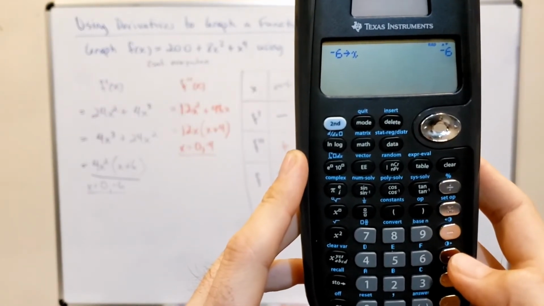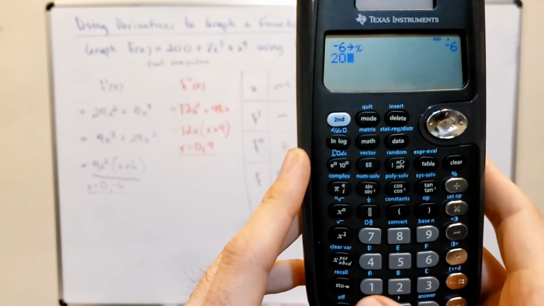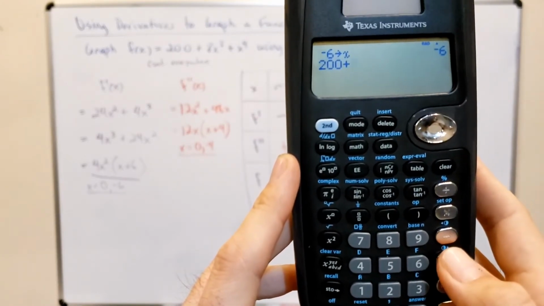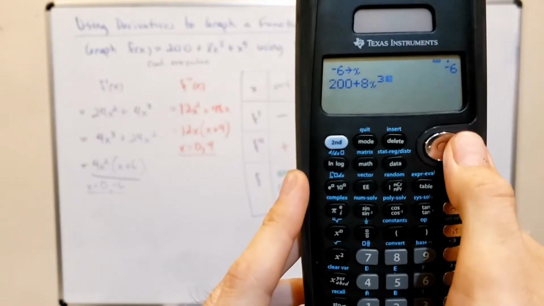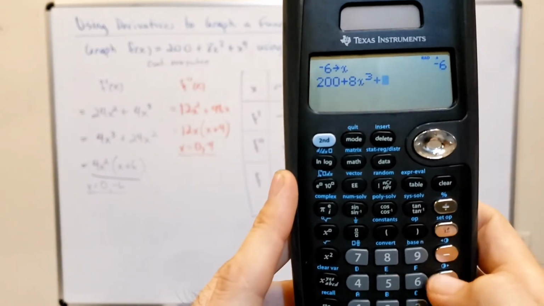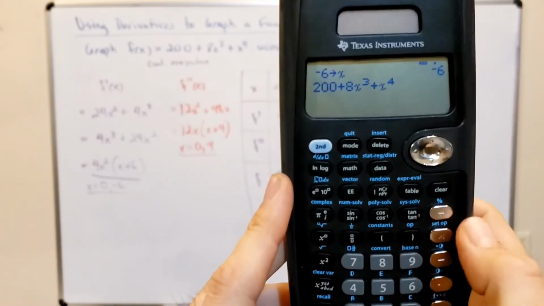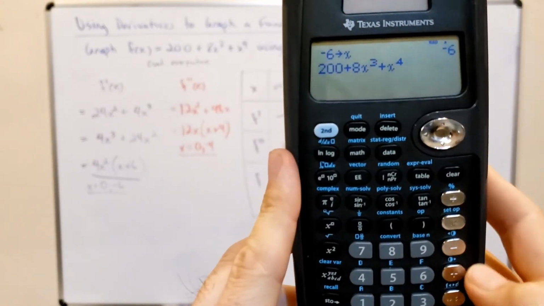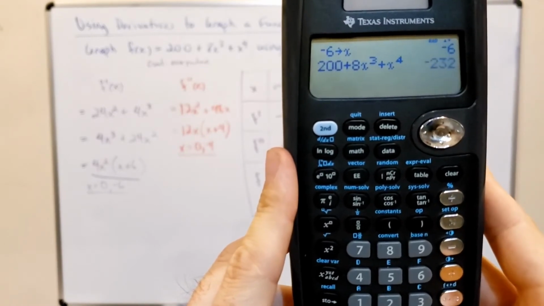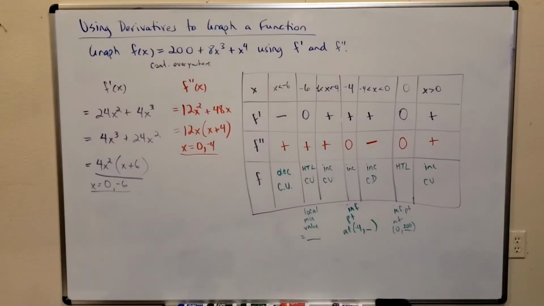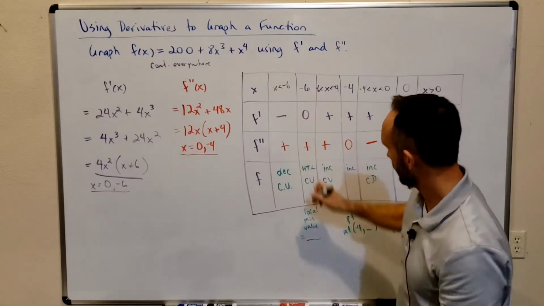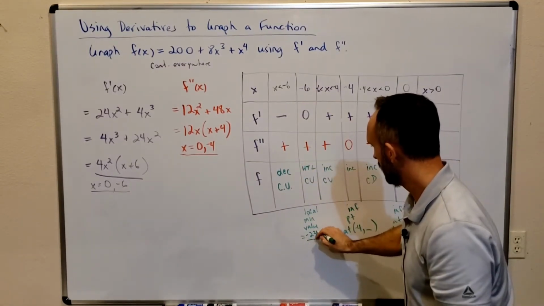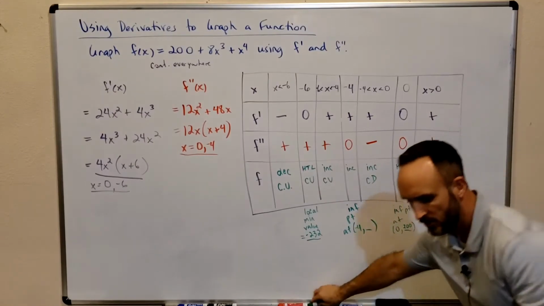Then I'm going to type my function, which is 200 plus 8x to the third power plus x to the fourth power. And so I'm going to calculate the value of that function whenever x is -6, and I get -232. So that means I can come over here, and my local minimum value at -6 is -232.